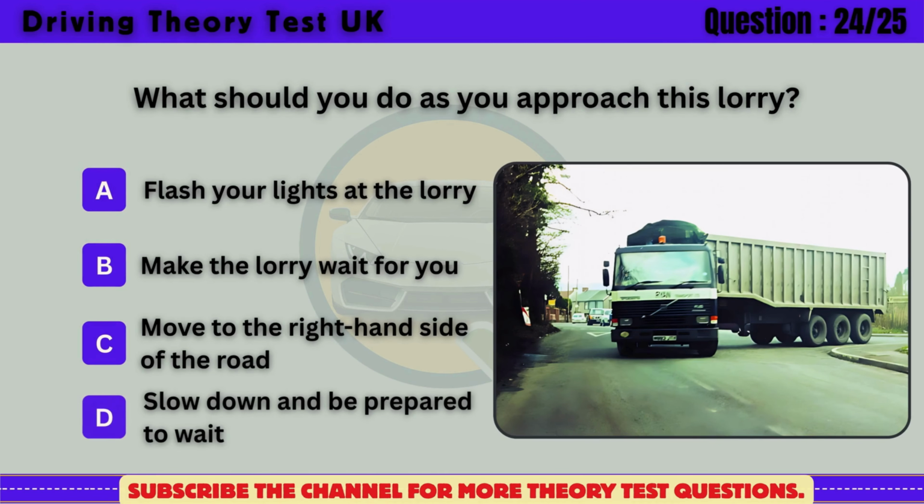Question 24. What should you do as you approach this lorry? A. Flash your lights at the lorry. B. Make the lorry wait for you. C. Move to the right-hand side of the road. D. Slow down and be prepared to wait.